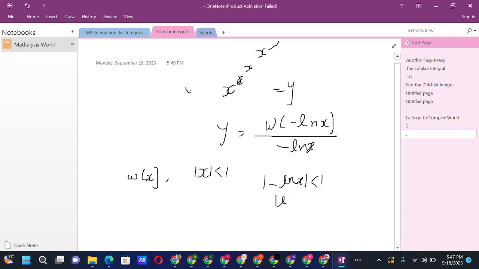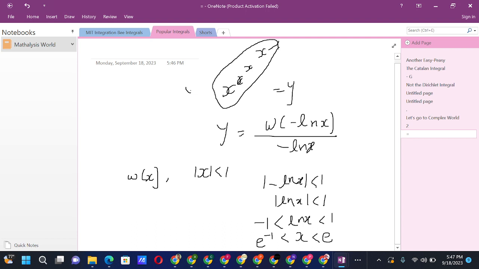So the modulus of ln x should be less than 1, which implies negative 1 is less than ln x is less than 1. We can exponentiate all the terms, which gives us e inverse is less than x is less than e. So for this series to converge, we need x in between e inverse and e. Only then will this series converge.